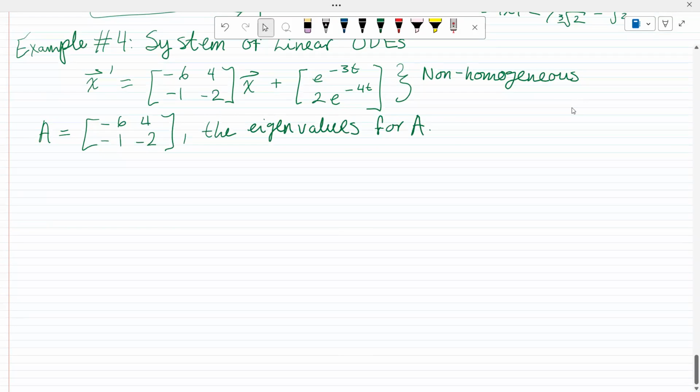Because we know that our final solution y will be equal to C1 e to the lambda 1 t v1 plus C2 e to the lambda 2 t v2. And lambda 1 and lambda 2 are eigenvalues.